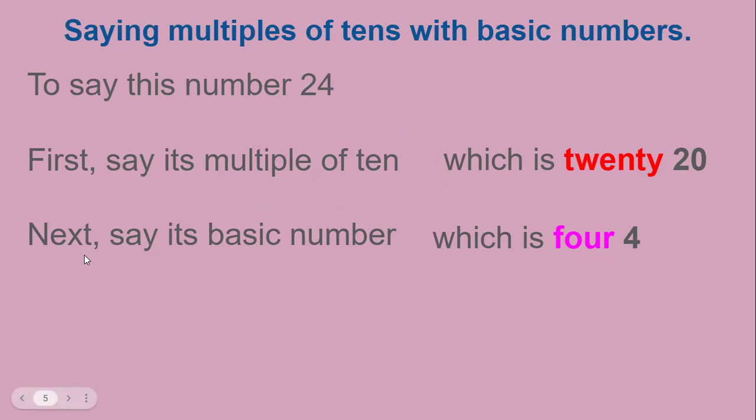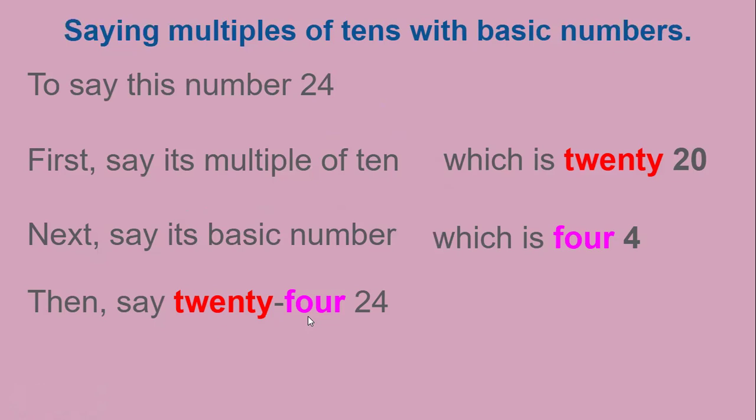So you said its multiple of 10, which is 20. Then you said the basic number, which is 4. Then you say the whole number as 24. That's how you say it as a single number, as one number.